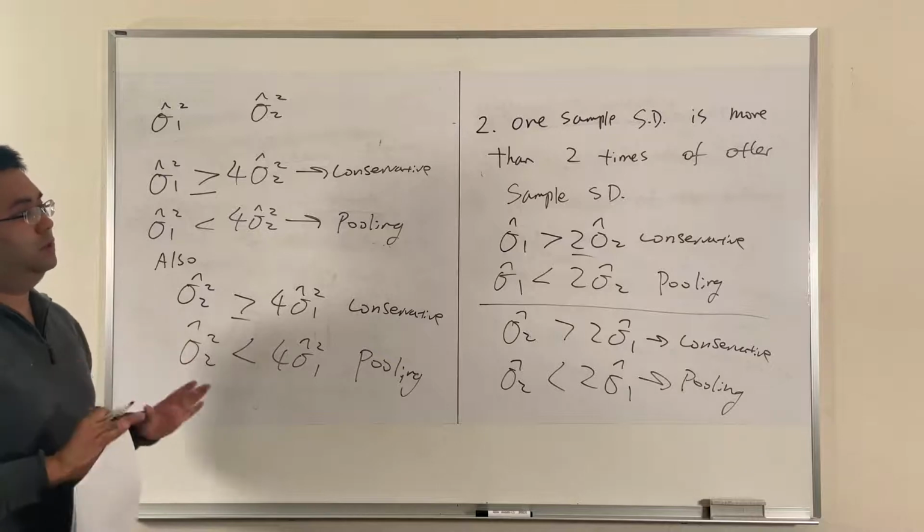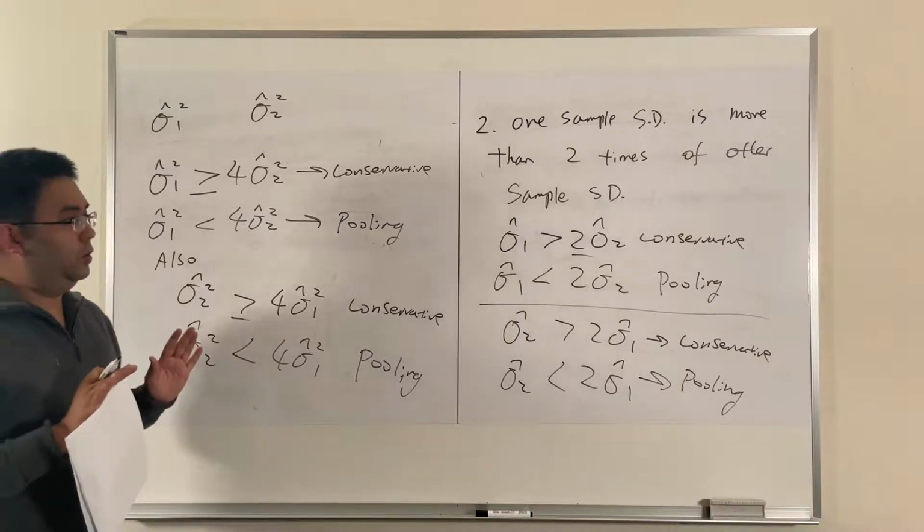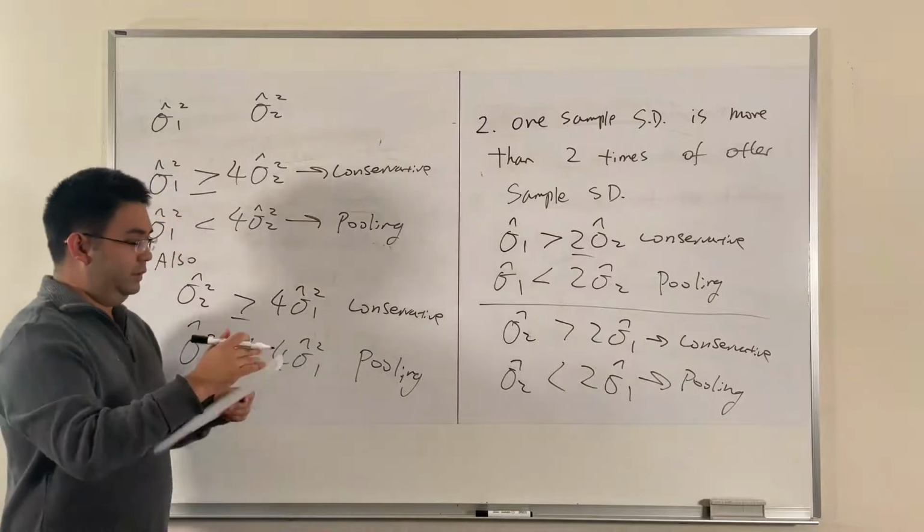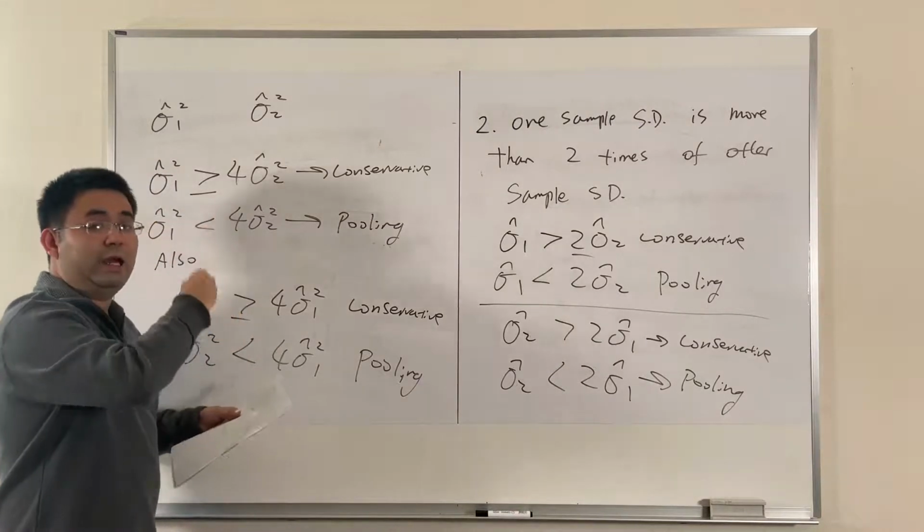Now, once we decided whether we're going to use pooling or conservative, then we'll be able to write our standard error.